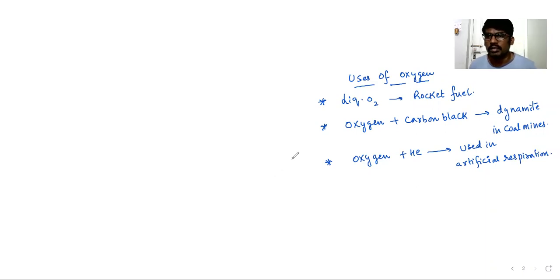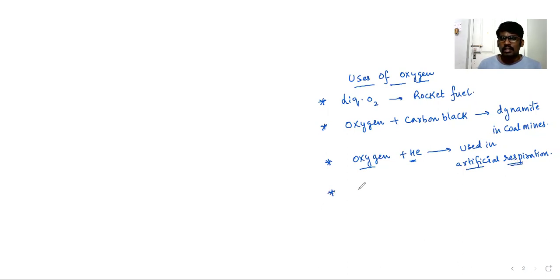Especially for scuba divers who go to the deeper parts of the seawater, scuba divers carry cylinders, and those cylinders actually consist of oxygen and helium. That means it is used in artificial respiration.